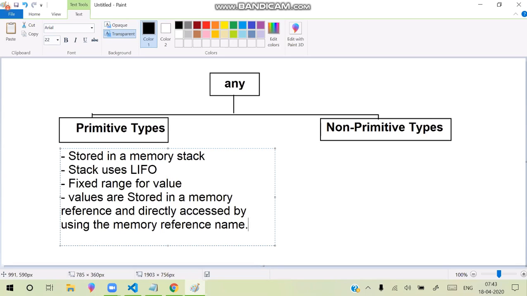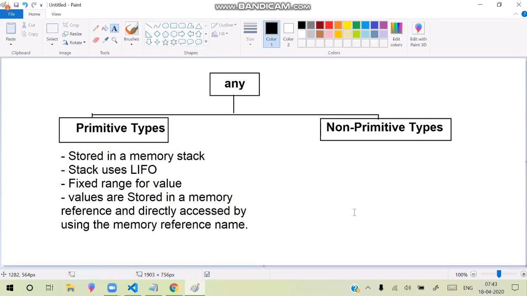That means the memory allocated for that value is used to access that value directly. I will show you the practical. That is the primitive type concept, and then the non-primitive, reference types and how to handle them.